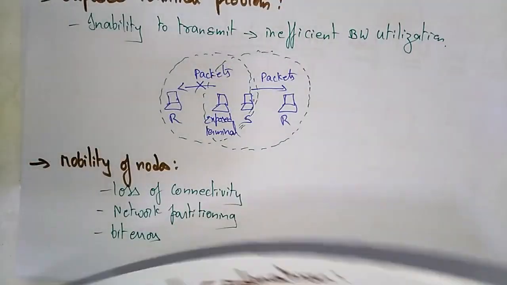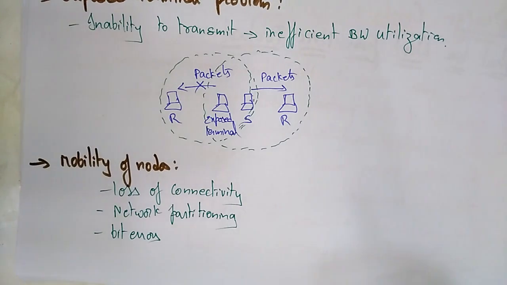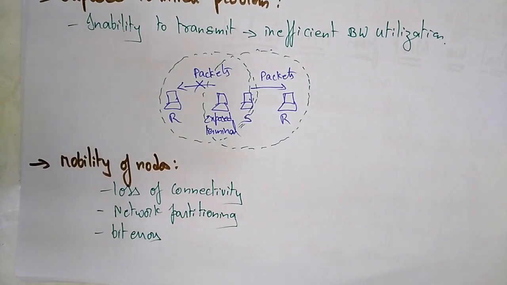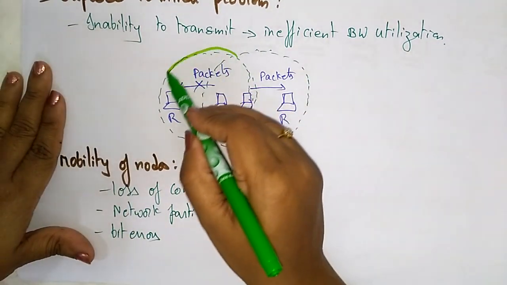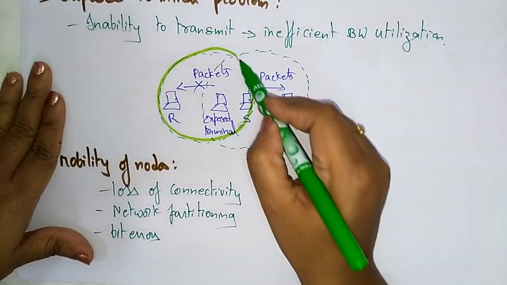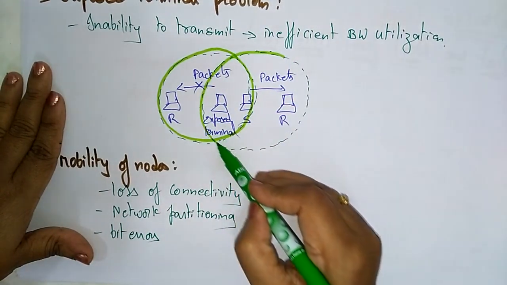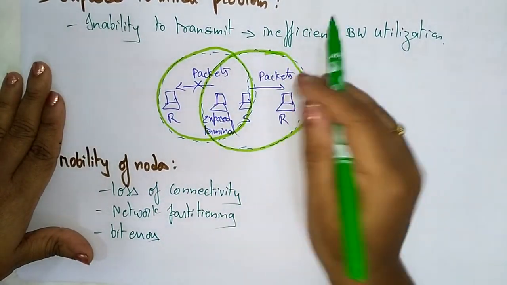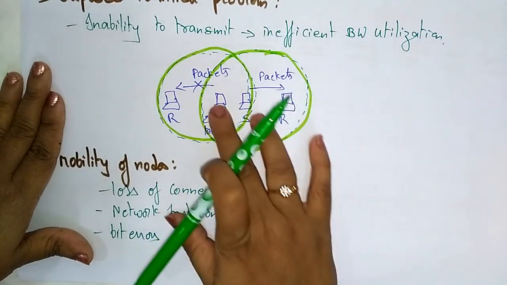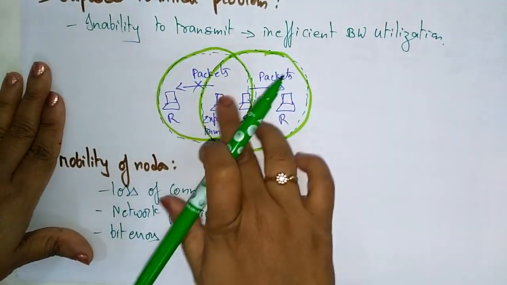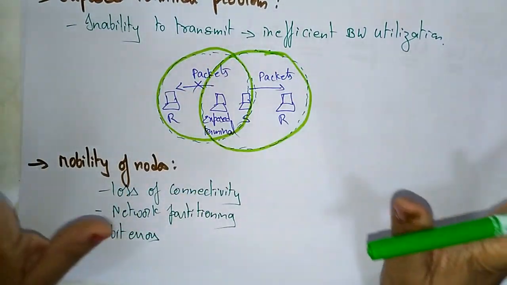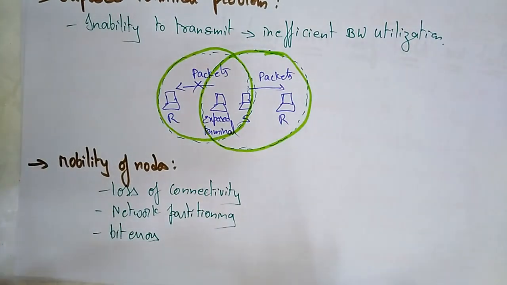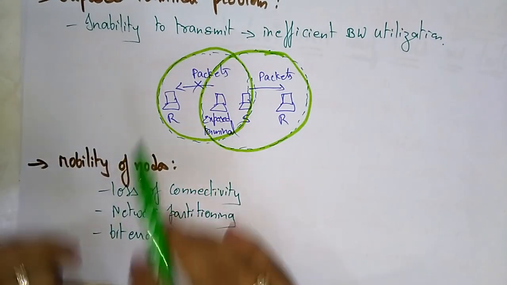And here the exposed terminal problem is also there. Even though you expose the system information, there is a problem. See here, this is one system's signal, and this is another range of signals. These three systems are in this range and these three systems are in this range. No problem, everything is communicated. But here the exposed terminal problem is there. What is that?